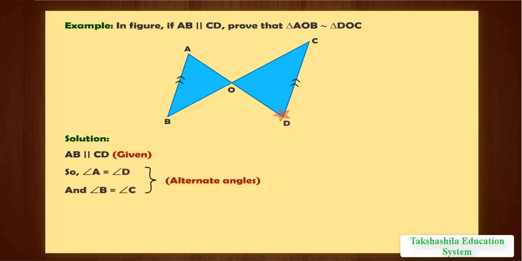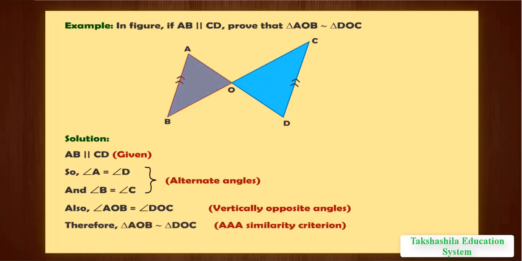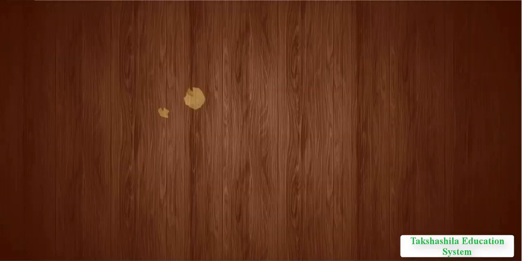So, angle A is equal to angle D and angle B is equal to angle C, as they form a pair of alternate angles. Also, angle AOB is equal to angle DOC as they form a pair of vertically opposite angles. Therefore, triangle AOB is similar to triangle DOC by the AAA similarity criterion.